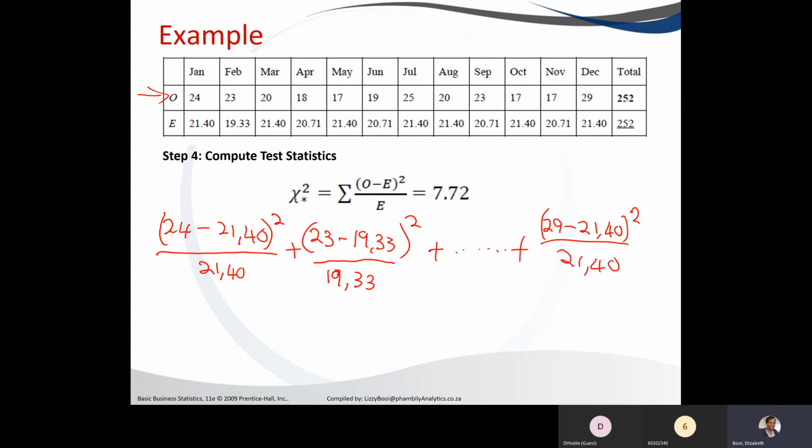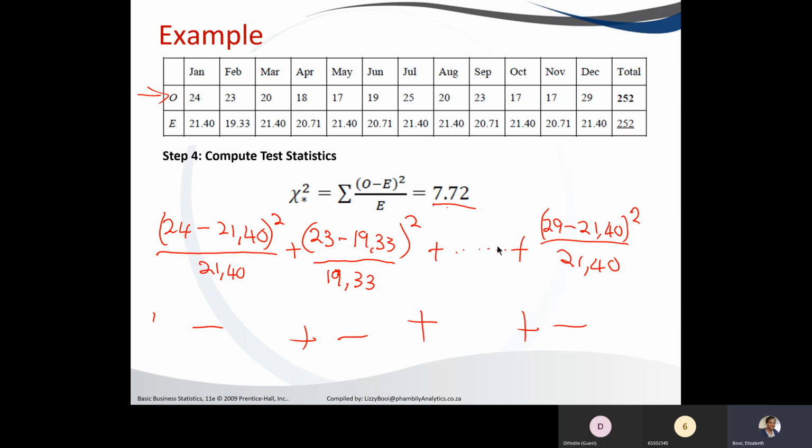So you will have to do this for all 12 months, find the answer for every one of them and add all your answers. And once you have added all your answers, you will get that the chi-square statistic is 7.72.